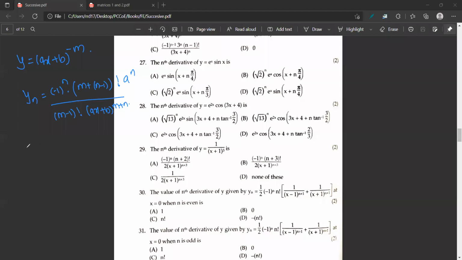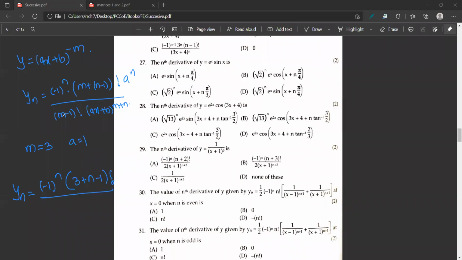Right, here what is the value of m? 3. What is the value of a? 1. So we'll get yn is equal to (-1)^n, then m plus n minus 1, m is 3, so 3 plus n minus 1, into a^n, a is 1, so no need to write.